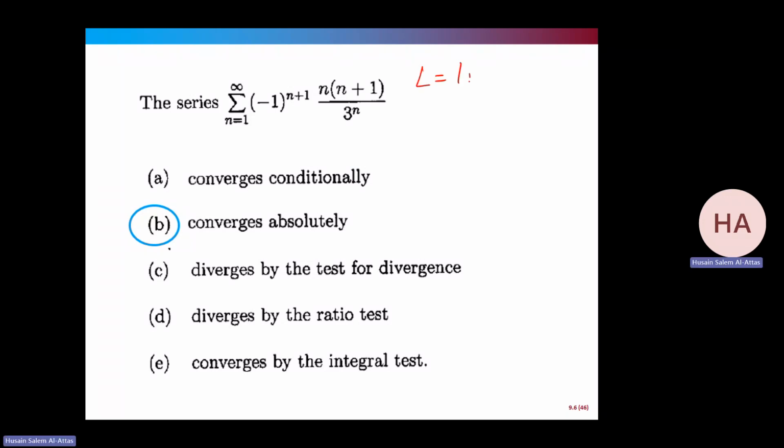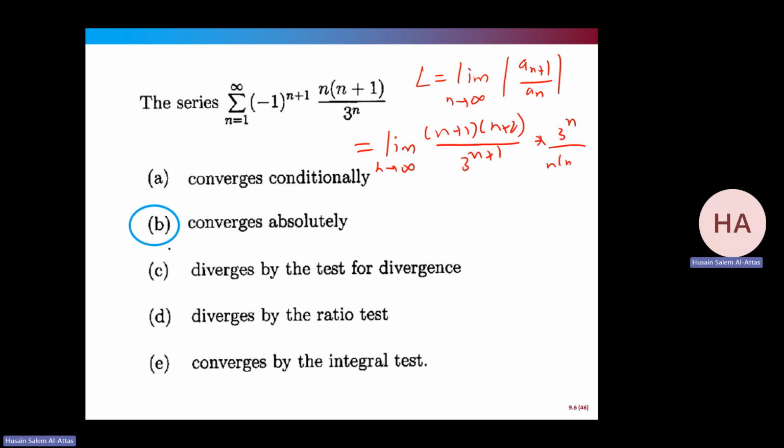I have L, the limit as n goes to infinity. The absolute value will kill the minus, so that will be the limit as n goes to infinity of n plus 1, n plus 2 over 3 to the power n plus 1, times the reciprocal of that.